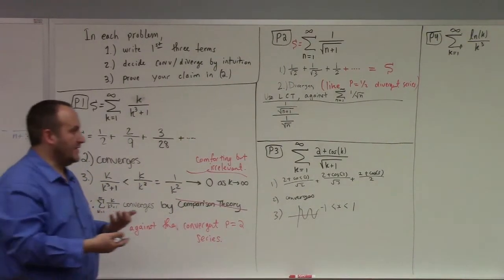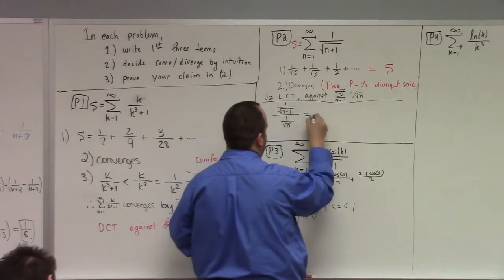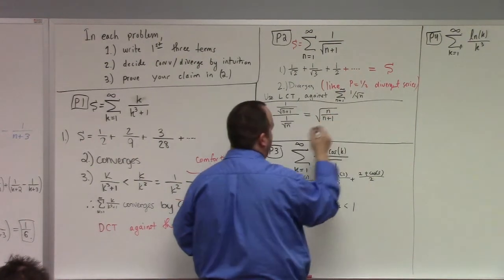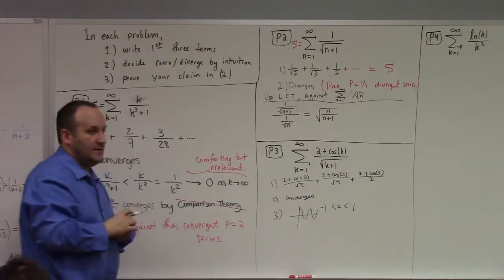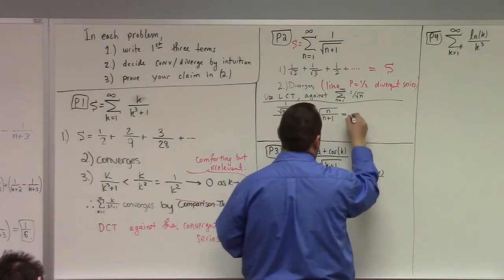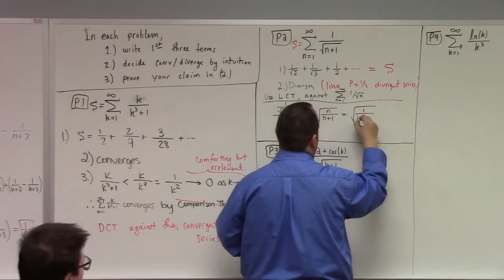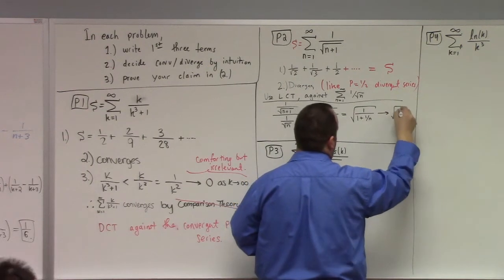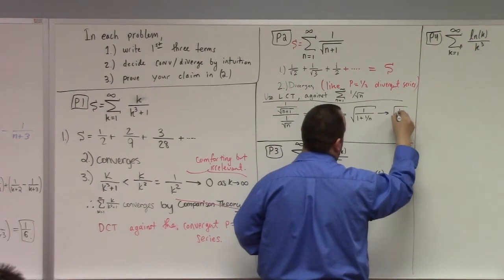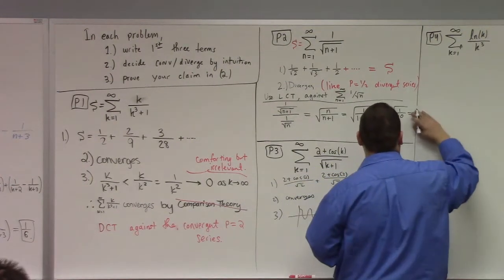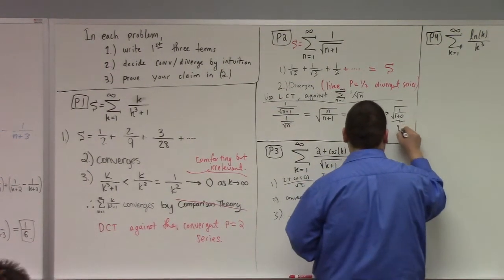And I do the math. So this simplifies to the square root of n over n plus 1, yeah? Which, if you divide the top and the bottom, just do some algebra here, is the square root of 1 over 1 plus 1 over n, which goes to the square root of 1 over 1 plus 0. In other words, the limit is 1, right?